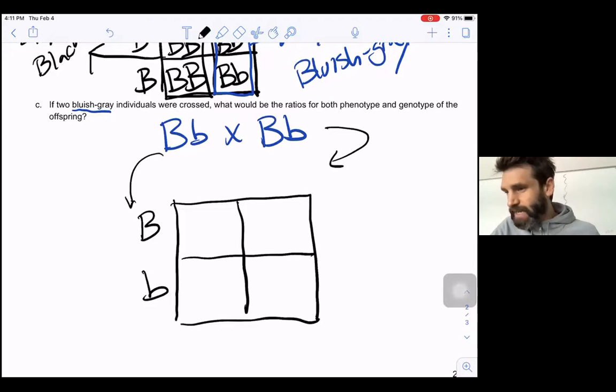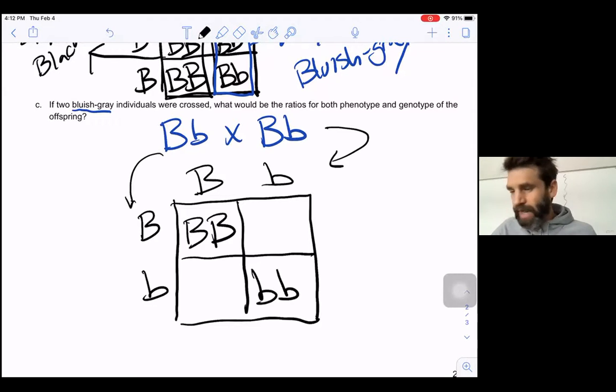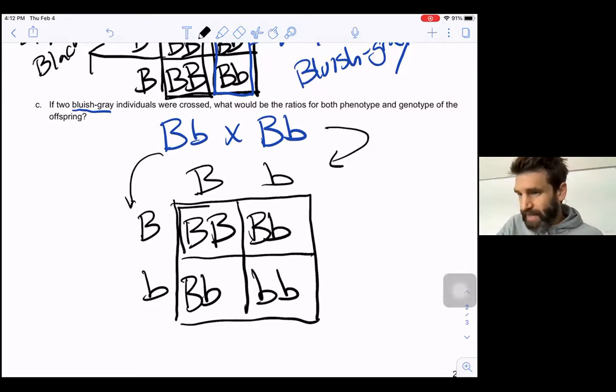And it's always the same, and it always has those two capital B's at the top, or two capital letters at the top left, two lowercase letters at the bottom right, and then what I call these kind of in-betweens here are heterozygotes. So this individual would be black.